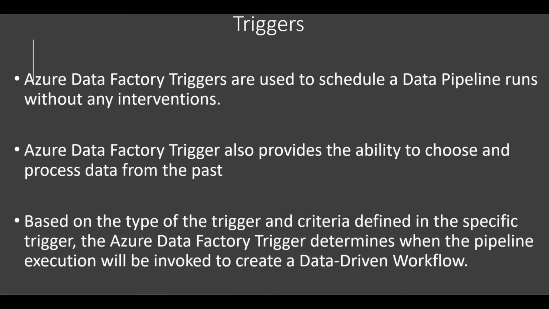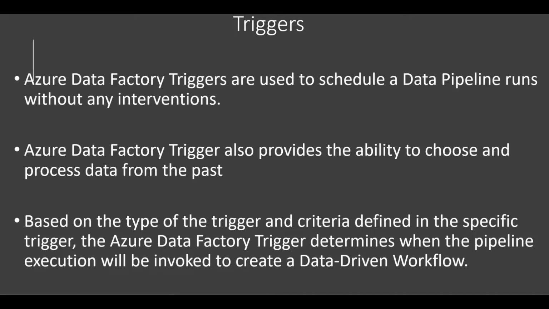Azure Data Factory triggers also provide the ability to choose and process data from the past. This functionality was not available in SSIS. So you can run your pipeline for past data as well. There are different types of triggers based on the requirement. You can use one and make settings while creating the trigger.